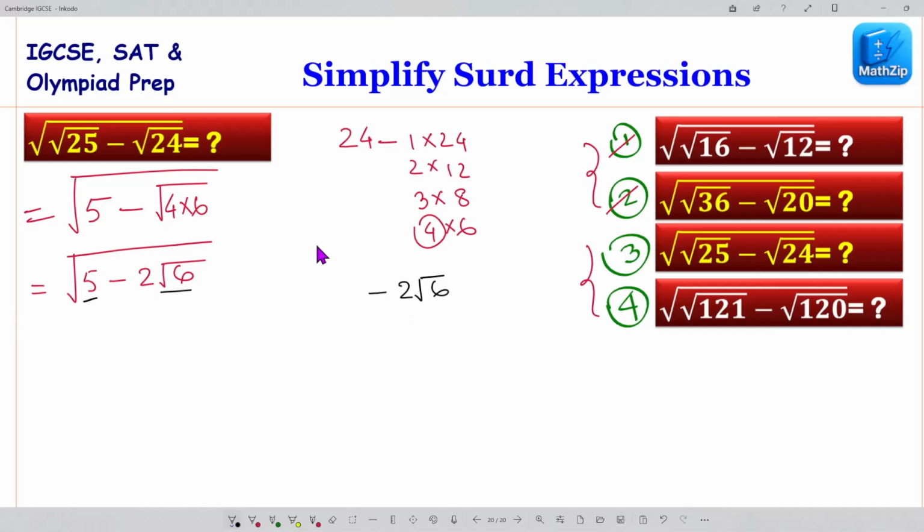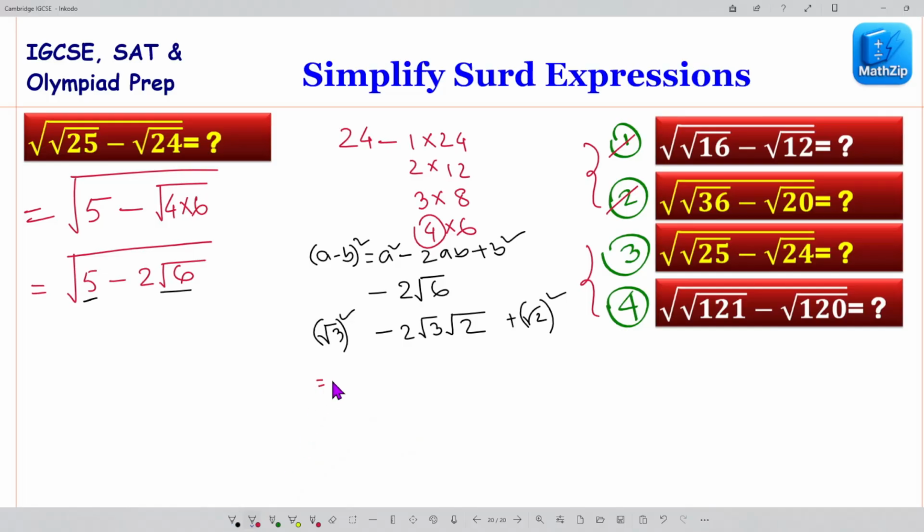What does that mean? Look, a minus b whole square is a square minus 2ab plus b square. Now this is root 6, so we can write minus 2 times root 3 times root 2, since that is the same as root 6. Now we can write root 3 square plus root 2 square.